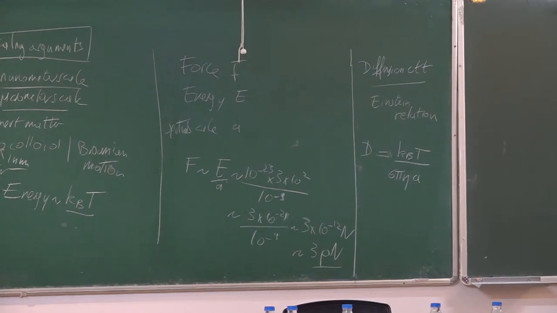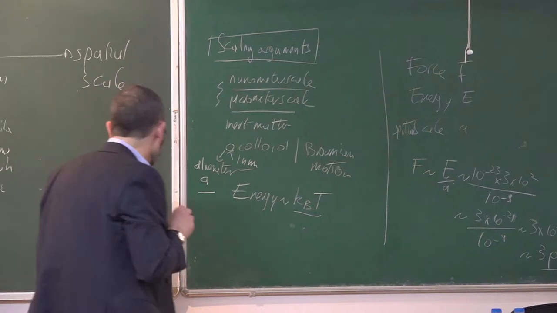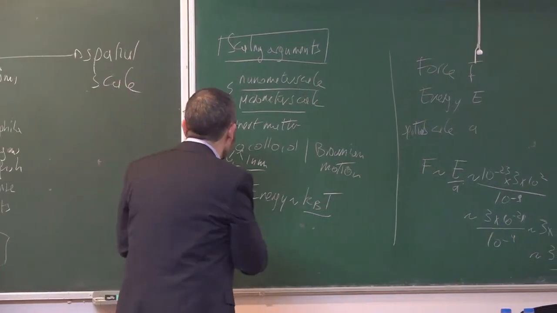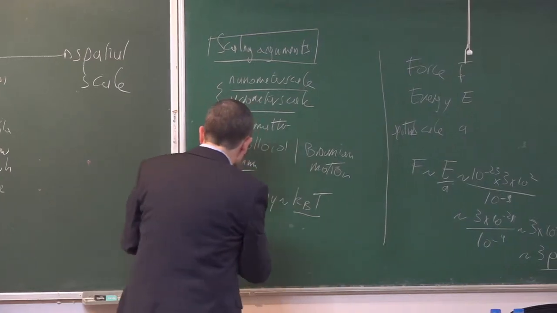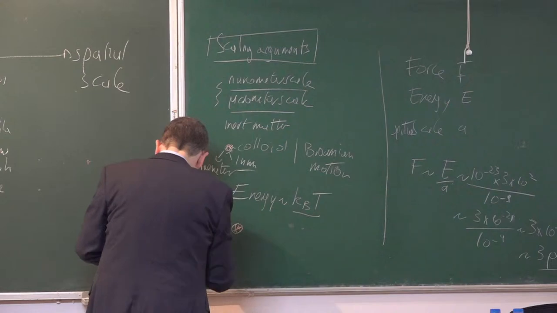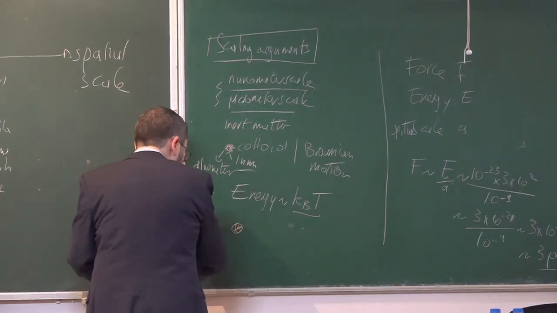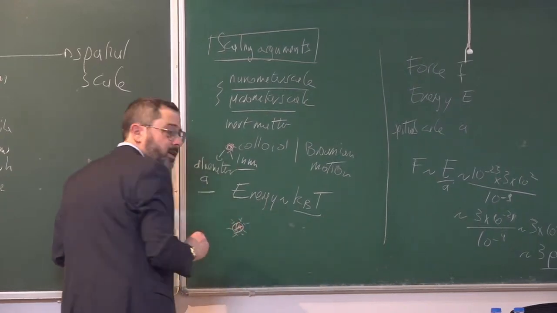So I would like you to try to get a sense of what's going on here. I take a particle. This is the colloid, right? The colloid is here. It receives some thermal shock by the particles, which are giving some kick everywhere.